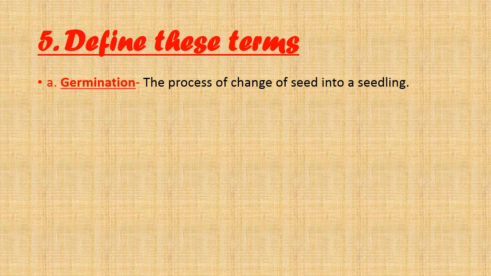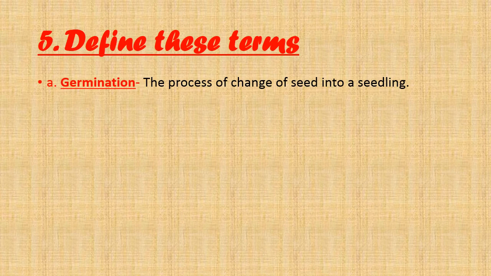And for germination, a seed will require air, moisture and warmth. All these things are very necessary for the germination of a seed. Now what happens in the process of germination is, first the seed will absorb water from the soil and it will soften the seed coat.